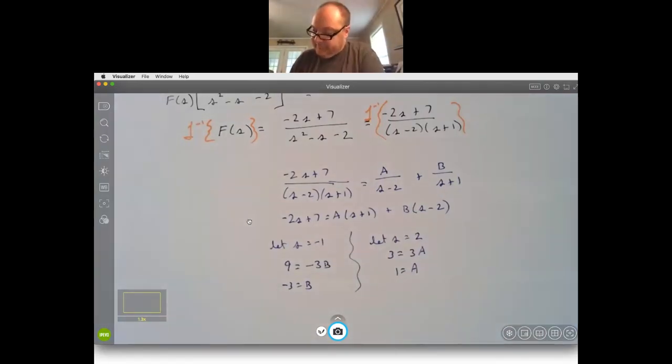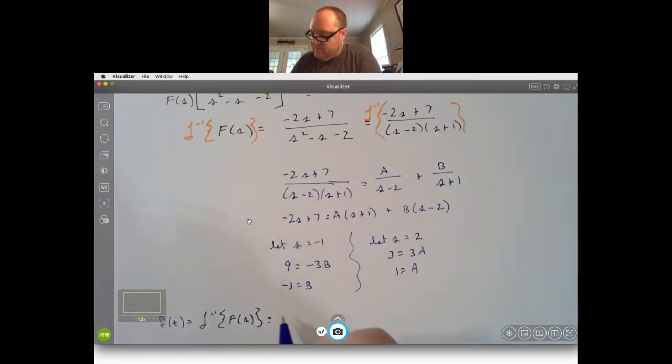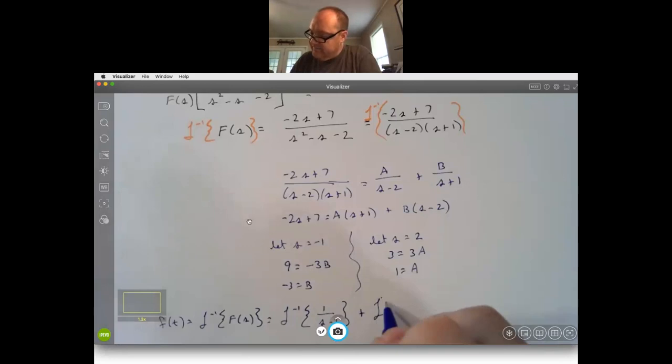Which means I want to do the inverse transformation of 1 over S minus 2 and -3 over S plus 1.